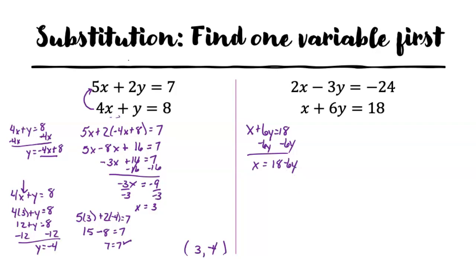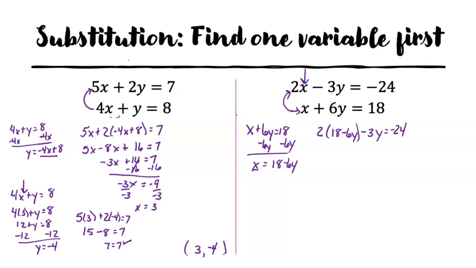So 18 minus 6y, or you could have written negative 6y plus 18. Completely up to you. x equals. Don't use the equation you started with. You have to use the other one when you plug it in. So 2, now I have the x value, not the y. Be careful. I know x, so I have to plug it into x. So 2 times 18 minus 6y, minus 3y equals negative 24.